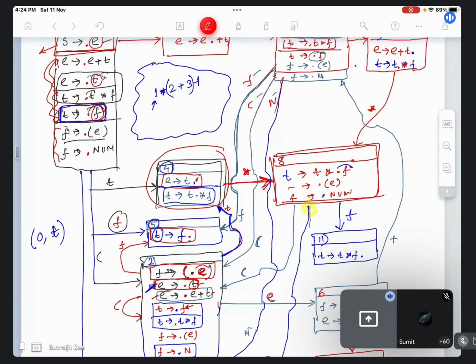And also it has another item, sorry, it's not a production because it has dots. So it has another item that has a dot in between, right? So whether to shift on a plus like this and move to 8, or to reduce by E goes to T and move back to state number 0, that was a conflict that we termed as SR conflict.